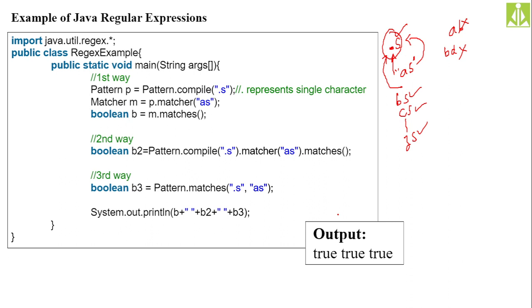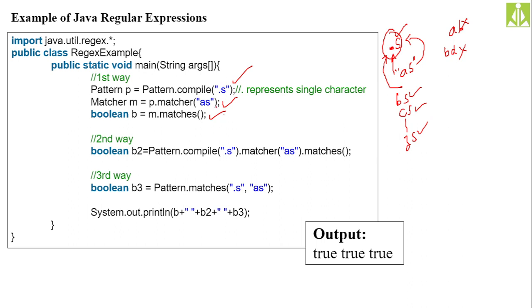As we proceed in the subject, we will see more examples. Instead of writing the steps separately as I have done over here, first I created the regular expression pattern, then I created the matcher string, then I performed the matches operation.